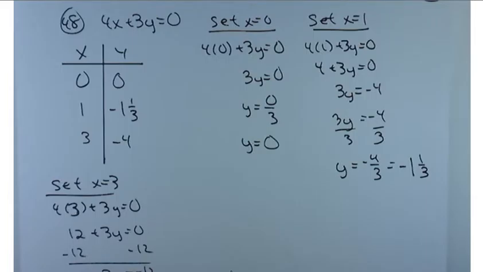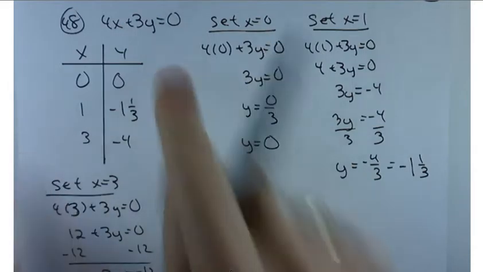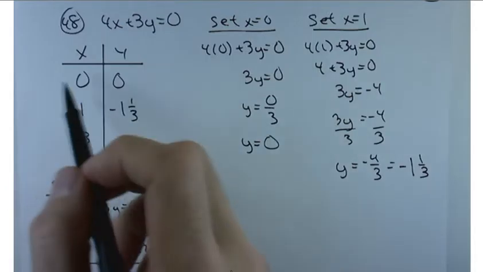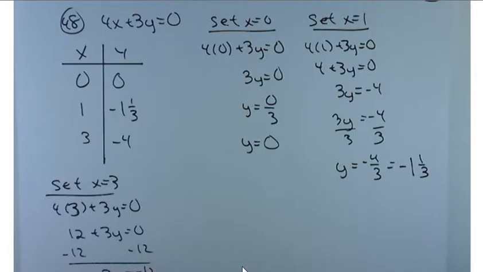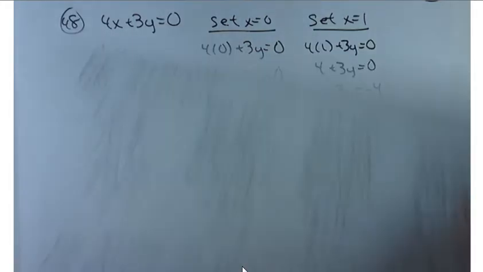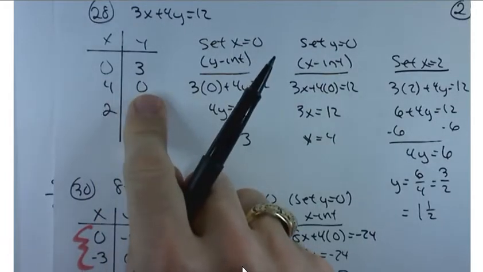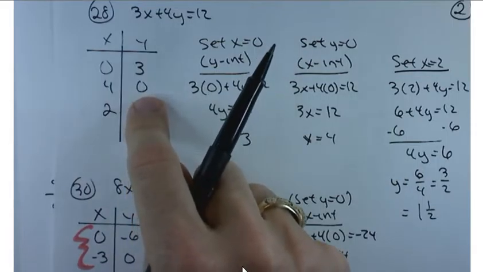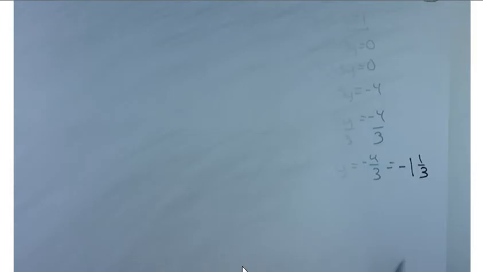Through what? Through the origin. Good. So this graph is passing through the origin, so the x and y-intercepts are the same. Usually when we're graphing these things, when you set x and y equal to 0, you get two different points, one for the x-intercept and one for the y-intercept. That's not true in problem number 48.